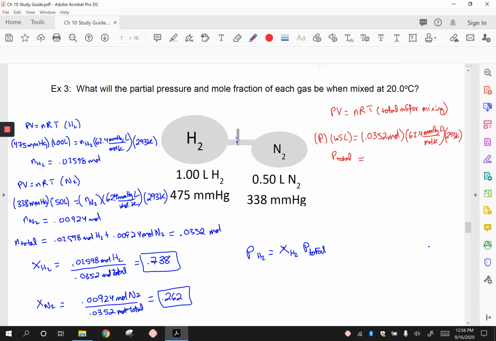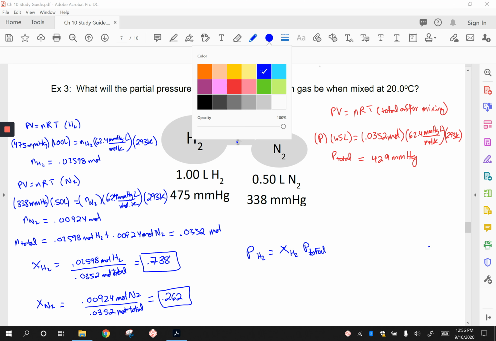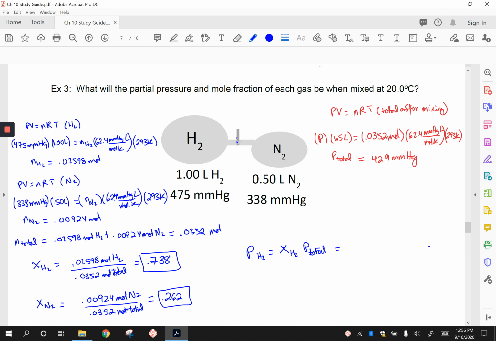to be, should be a number less than those two combined. I got P total to be 429 millimeters of mercury. So now I can use this in here. So my partial pressure of the hydrogen is 0.738 and my total pressure is 429 millimeters of mercury.